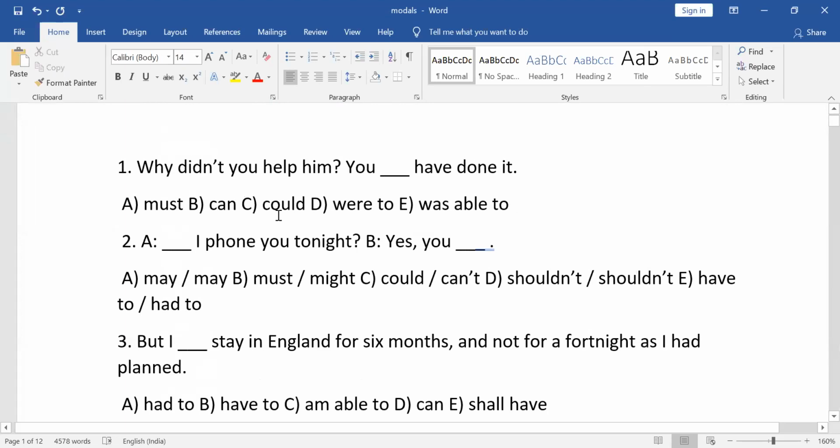See the context and, as usual, choose the right modal.